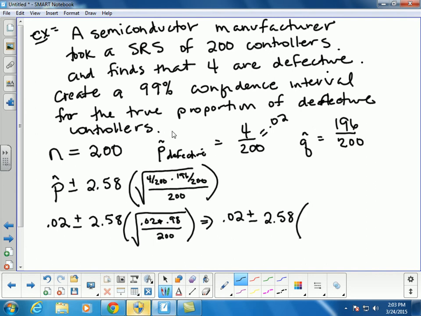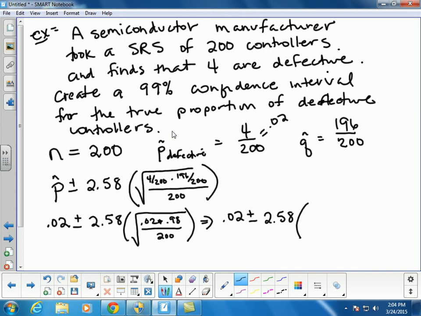So I have 0.02 times 0.98, and I'm going to divide that by 200, which in my calculator I just divided by 20. So let me make sure I put enough zeros in. So 0.02 times 0.98 equals, divided by 200 equals, that looks a little better.